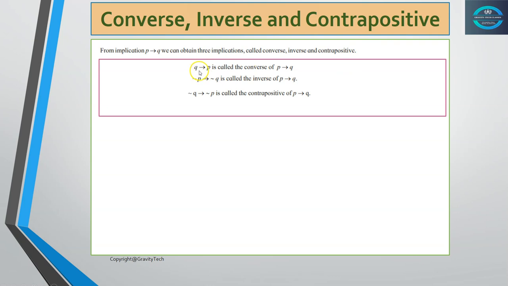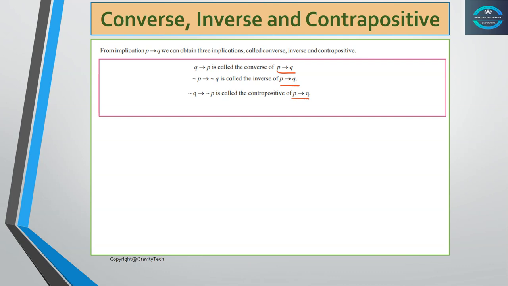Now see, Q implies P is basically the converse of P implies Q.